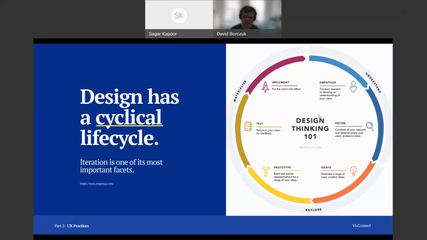And then you go through a second cycle of that where you re-empathize with your end users and so on. And so if you see on the outer ring, the three core sections is understanding, exploring, and materializing. And that's kind of how I, at my job, build out the visualizations and dashboards that I want to create. You have those three core sections.